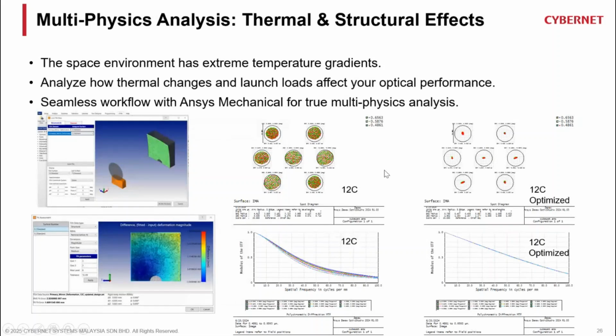Next, the tool for system verification will be the thermal and structural effects. The space environment has extreme temperature gradients, so we analyze the thermal changes and also the launch load effect on our optical performance. In this, we can do multiphysics analysis. In Ansys, we have Ansys Mechanical.